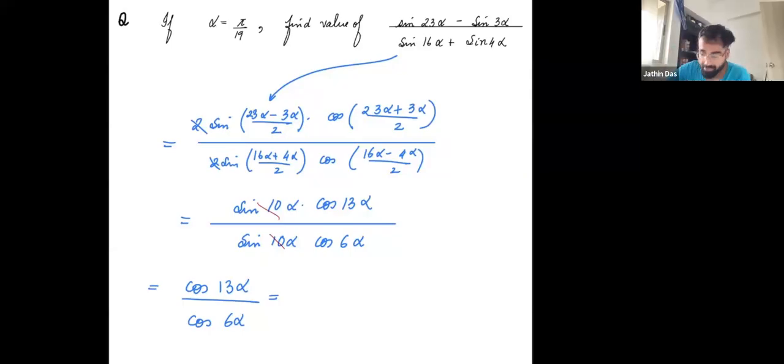Now you apply pi by 19. So cos 13 pi by 19 and cos 6 pi by 19.